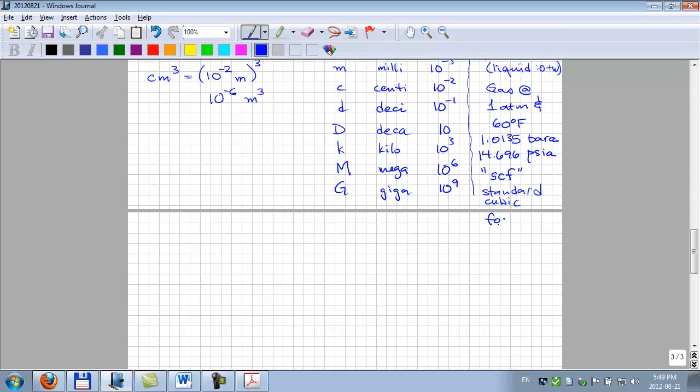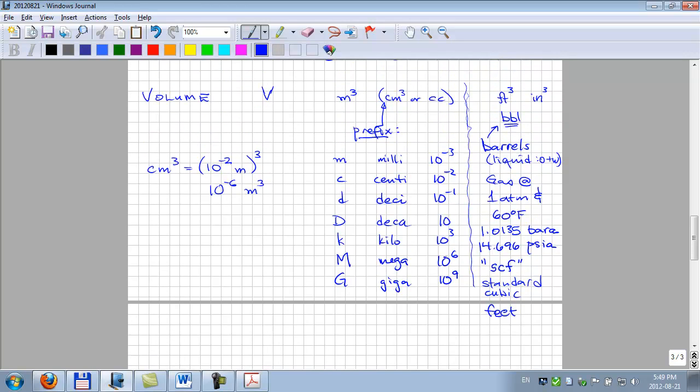Or maybe feet, I don't know. What about stock tank barrels? Yeah, that will come back. There's also the special barrel at standard conditions, usually written stock tank barrel like that.